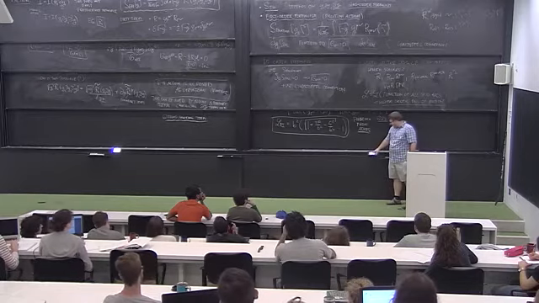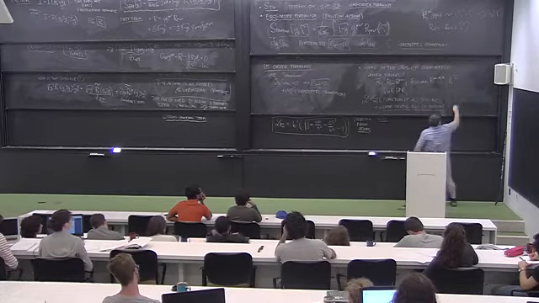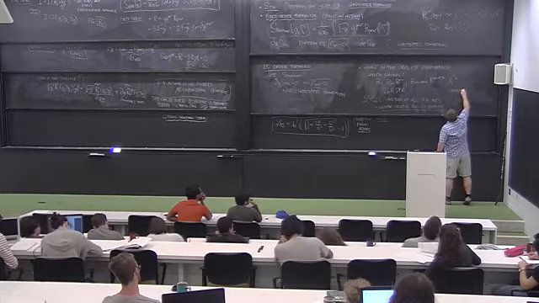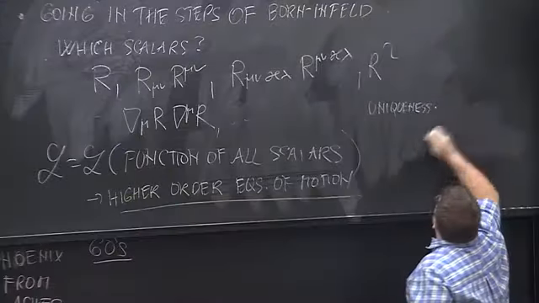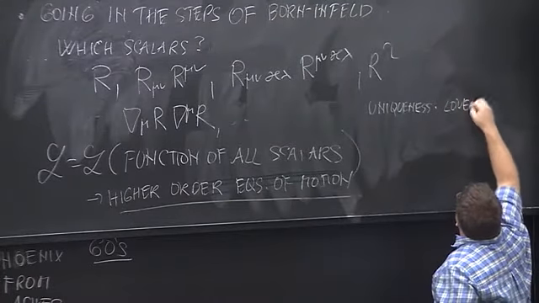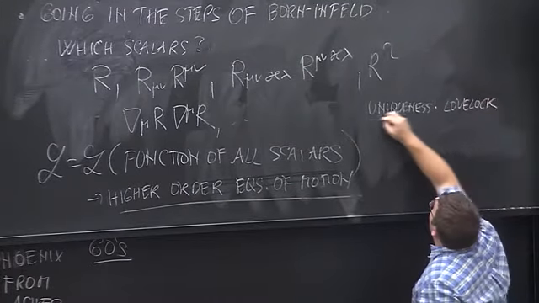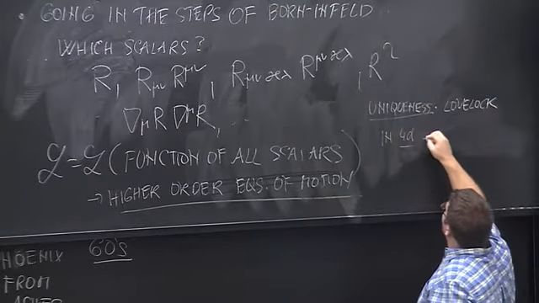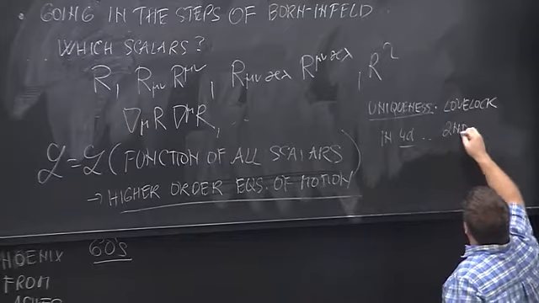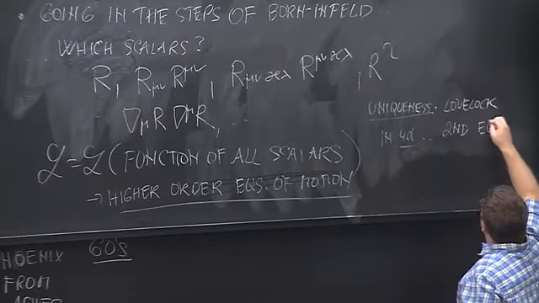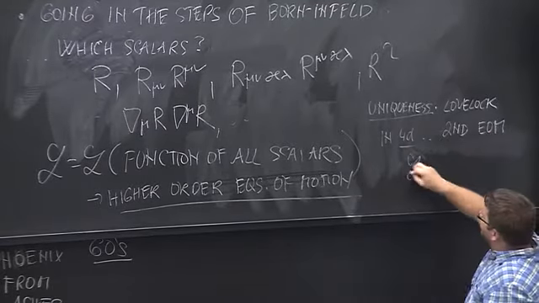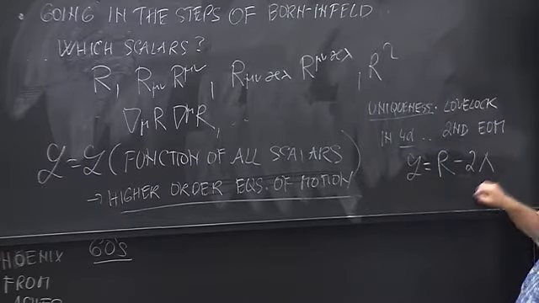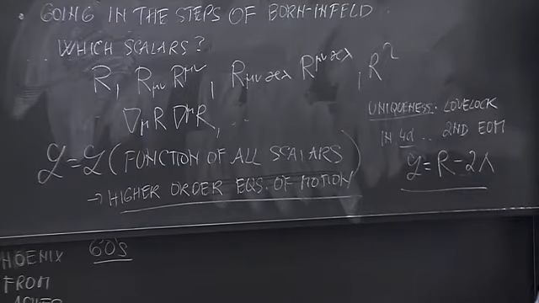There is a uniqueness result shown by Lovelock: if you are in 4D and you want second order equations of motion, then really what you can do is this thing here. Well, I can also add this -2 lambda, but it's not important. So this is the only thing.